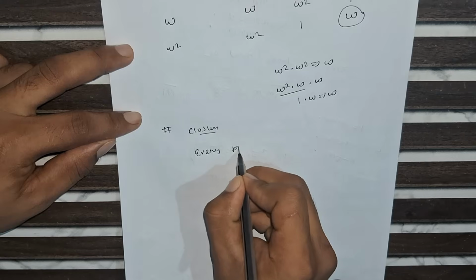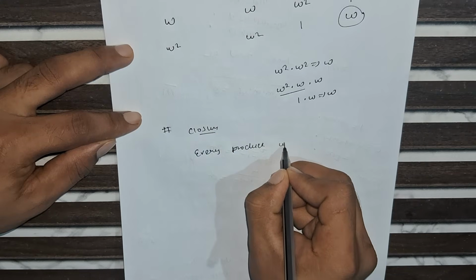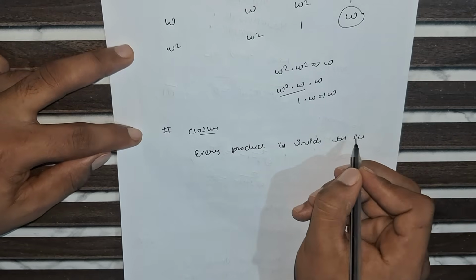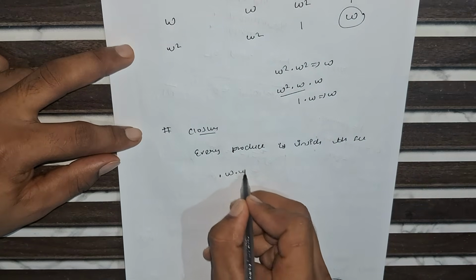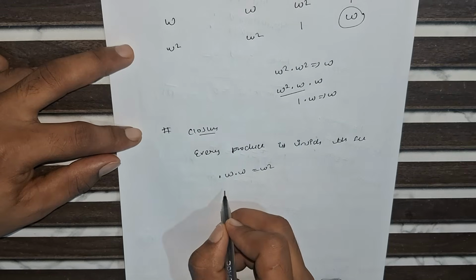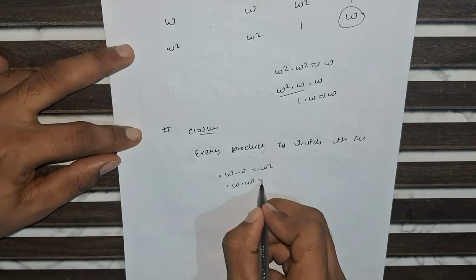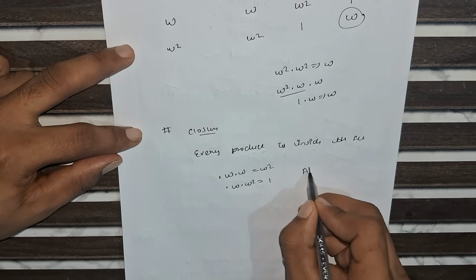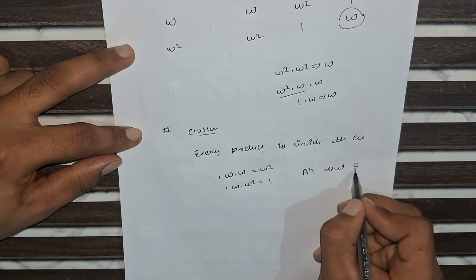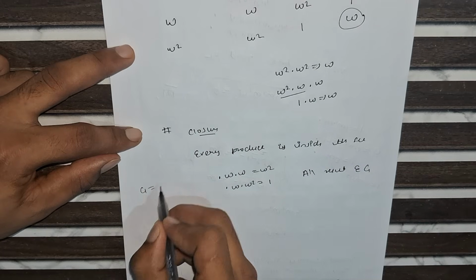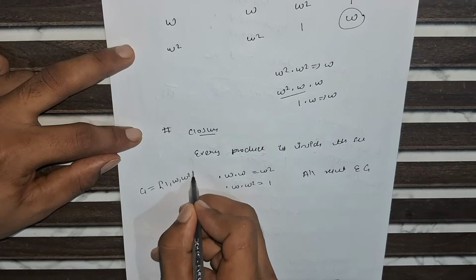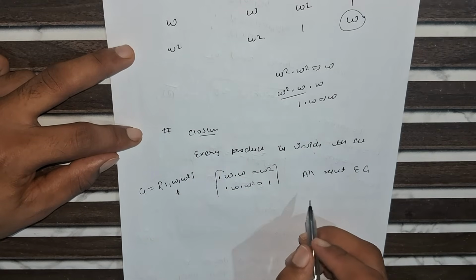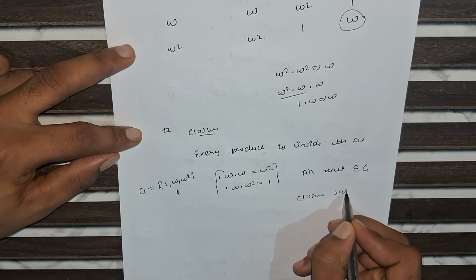So for example, omega into omega is equal to omega square, and omega into omega square is equal to 1, so all these results belong to the group G, which I consider as G equals to 1, omega, omega square. So all these belong to the G group. That's why our closure property is satisfied here.